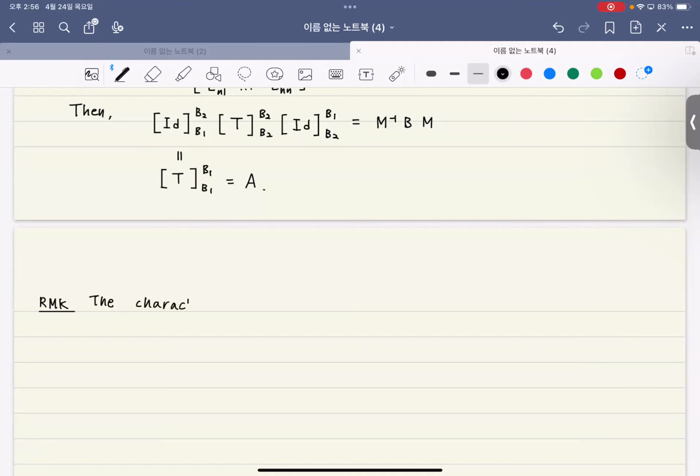The characteristic polynomial is independent from the choice of basis.